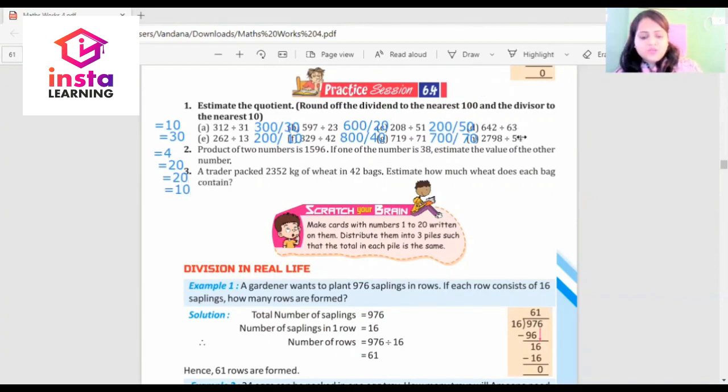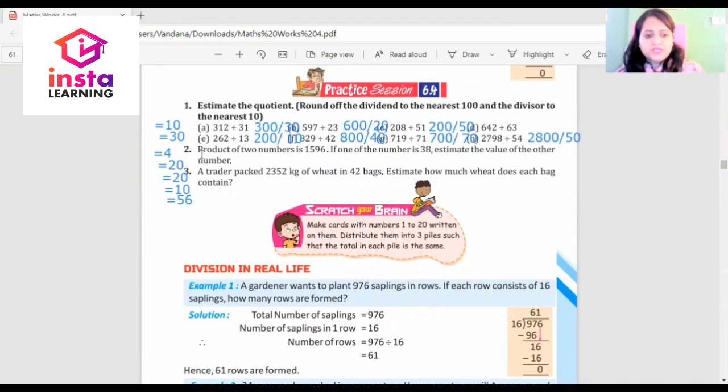So you have to do 2800, round off to the nearest 100 and then divide it by 50. You will get the answer accordingly and write your answer in the boxes. Okay. So this is your answer 56.